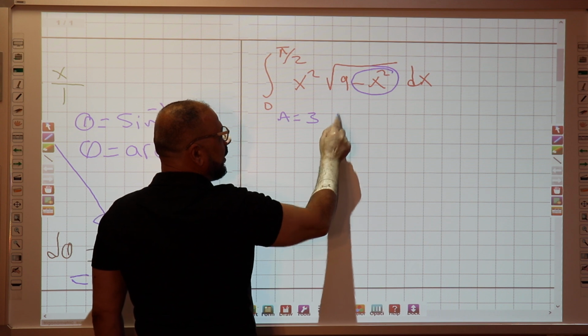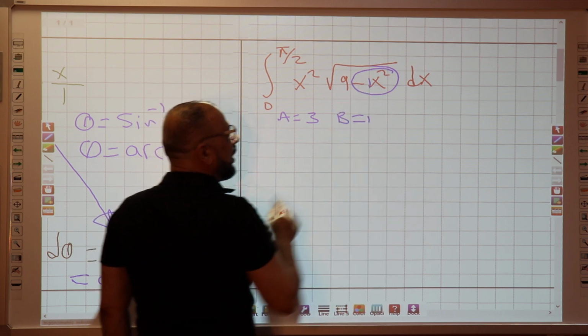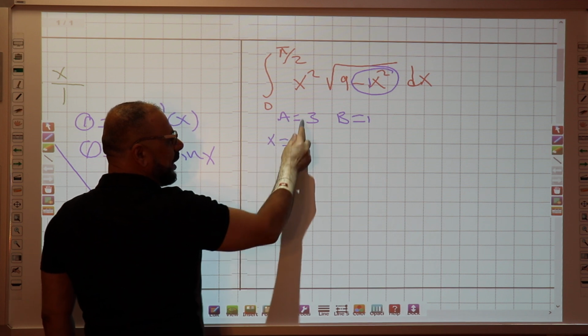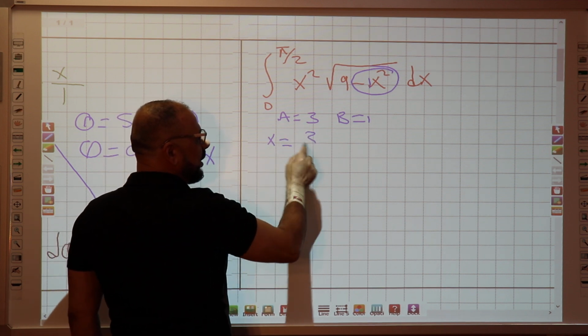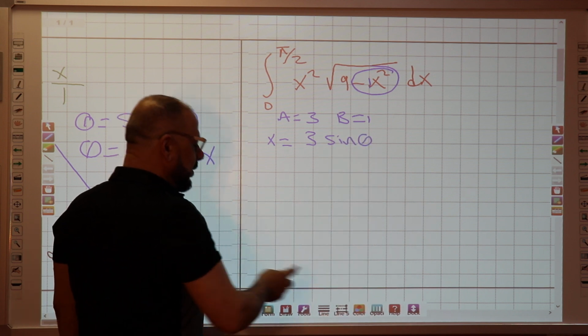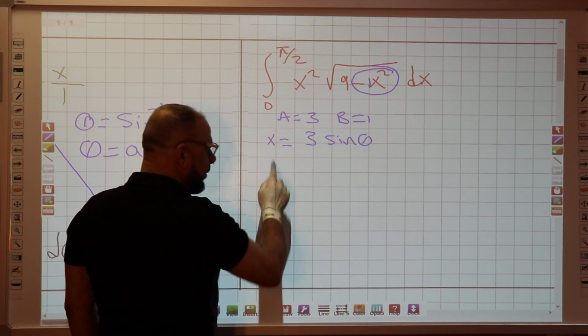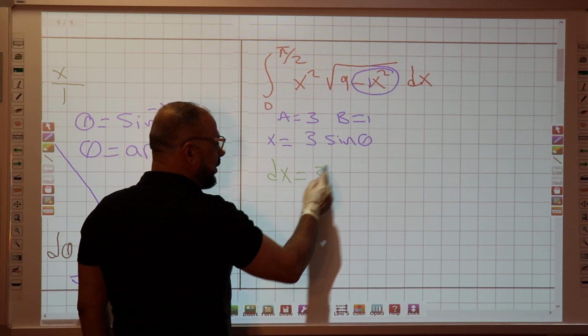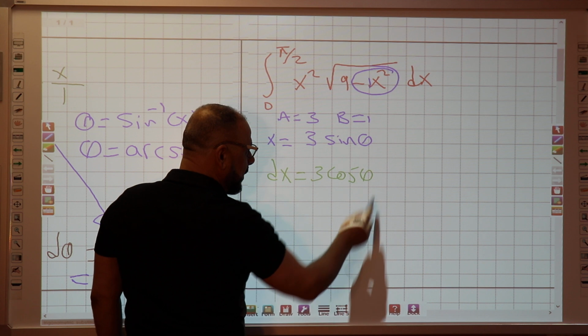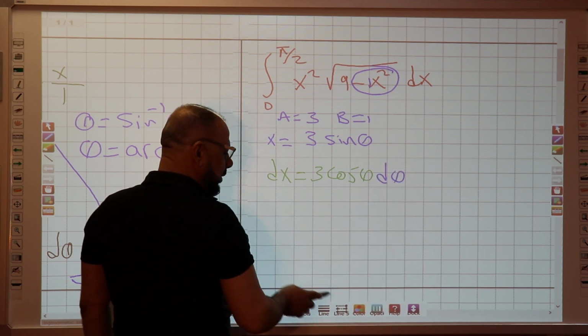B is 1, because we have no number here. Then x equals a over b times sine theta, which is 3 sine theta. Then dx equals 3 cosine theta d theta.